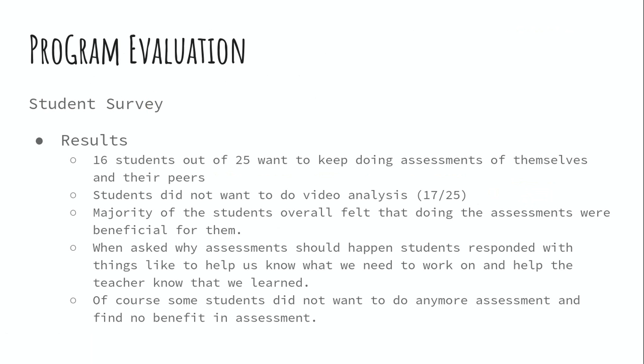When asked why assessment should happen, students responded with things like, it helps us to know what we need to work on, or it helps the teacher to know that we have learned. And of course, there were those students who did not want to do any more assessment and found no benefit in it.